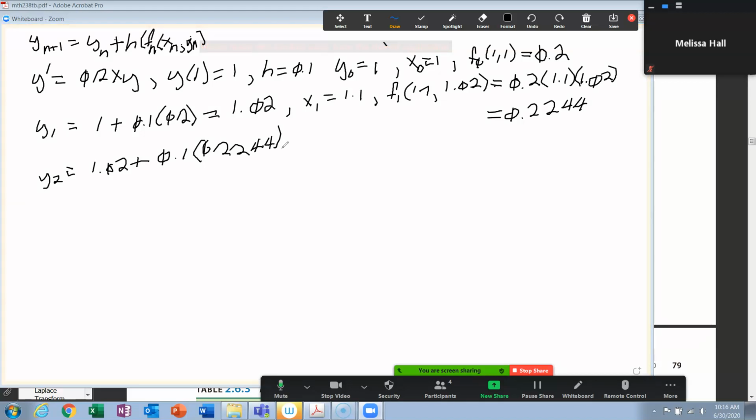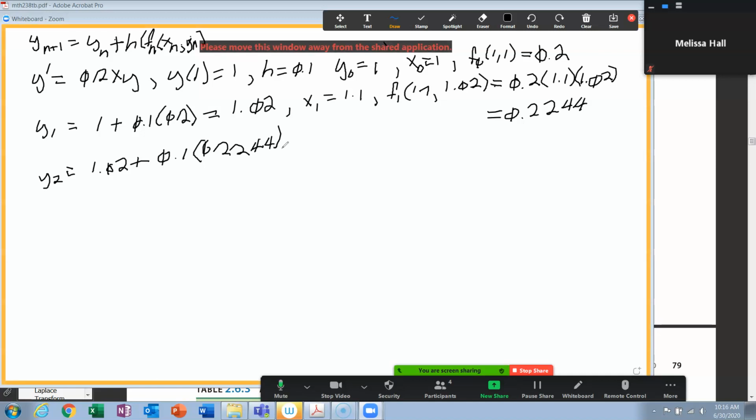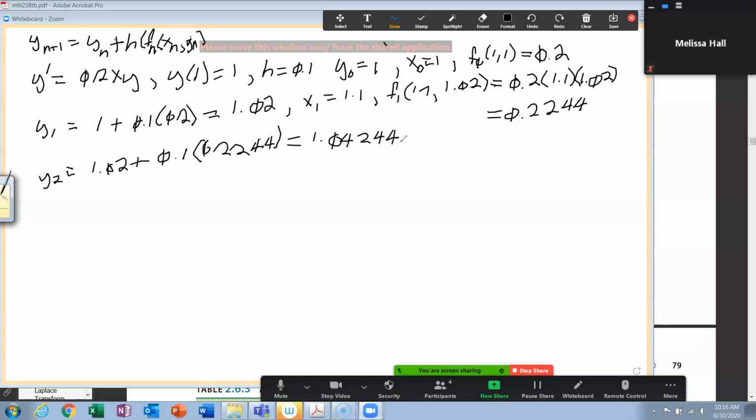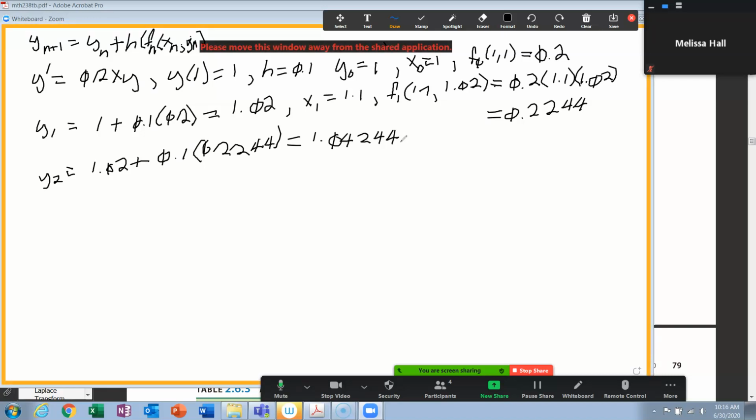First I'm going to multiply that by 0.1 and then add to that 1.02. This time I got my y sub 2 to be 1.04244. Let's see what they got their y sub 2 to be. 1.0424. We carried one extra digit.